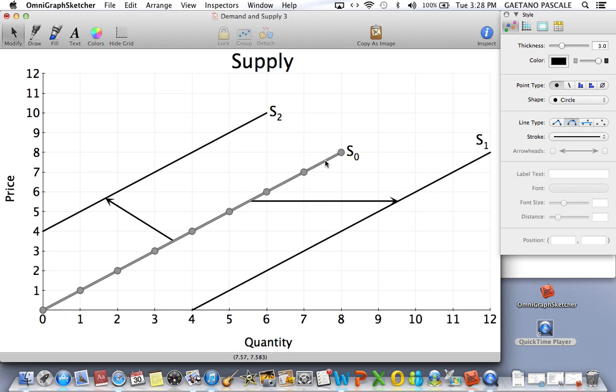If there's a reduction in the taxes or in the regulations that it has to comply with, that will cause the supply curve to shift to the right. So make sure you remember, number one, what the determinants of demand and supply are. And two, how they cause the demand or the supply curve to shift. Those are the important components that you have to remember.